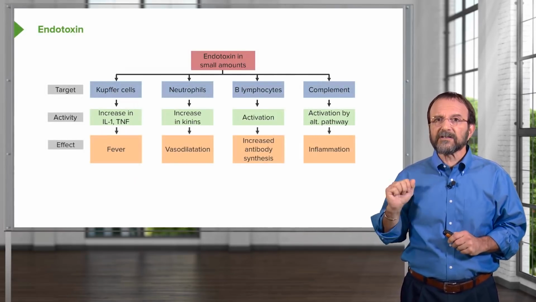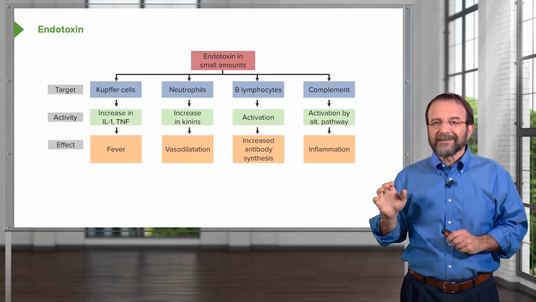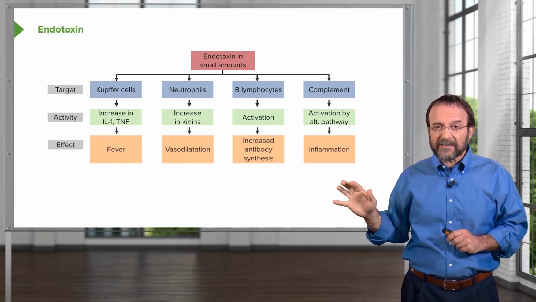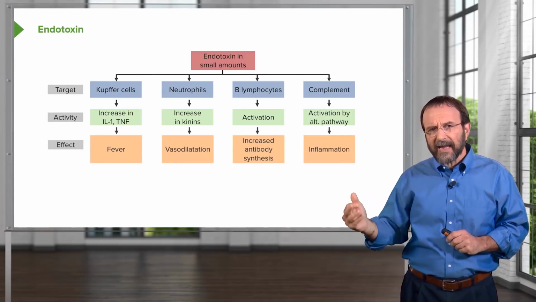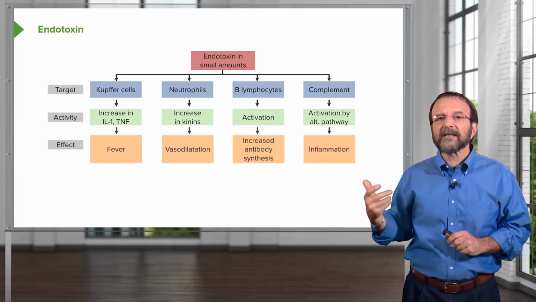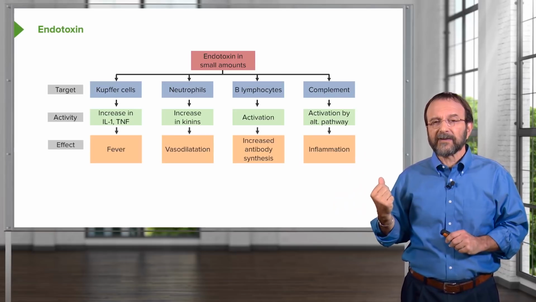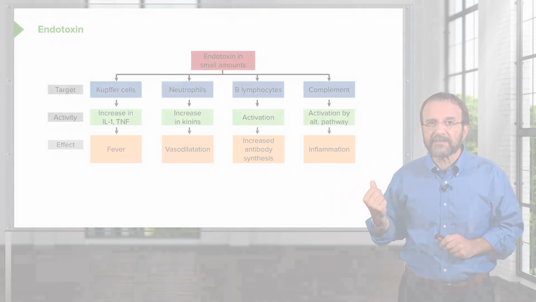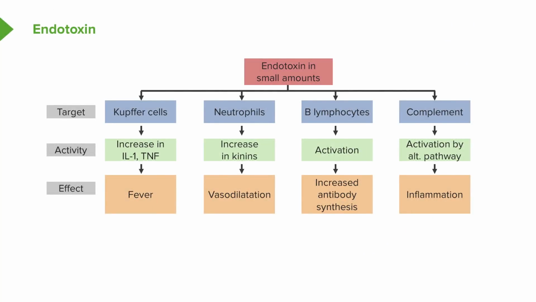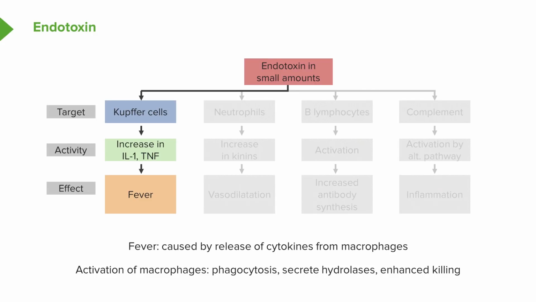So at low concentrations of endotoxin, there are a variety of effects, many of which reflect the attempts of the immune system at eliminating the bacterial infection. So let's take a look at some of these. You can see the 4 different targets here and the ultimate activities and effects of endotoxin. At low concentrations, endotoxin targets Kupffer cells, macrophages of various sorts.